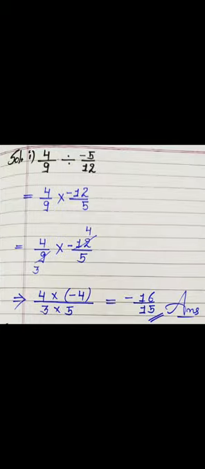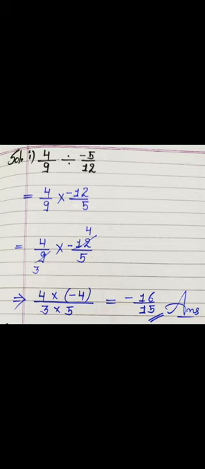In the first one, we have to divide 4 upon 9 by minus 5 upon 12. First, this divide will convert into multiply, and there will be a reciprocal of the second term, so minus 5 upon 12 will become minus 12 upon 5. Then we see if there is any number in the numerator and denominator which can be simplified.